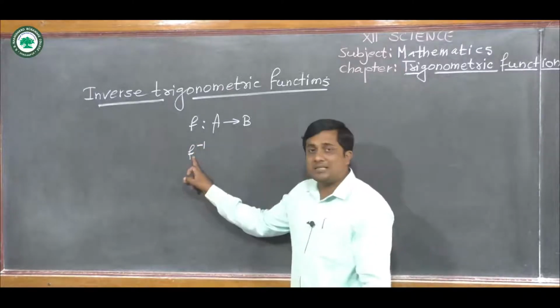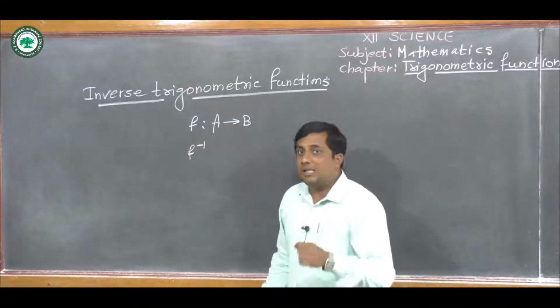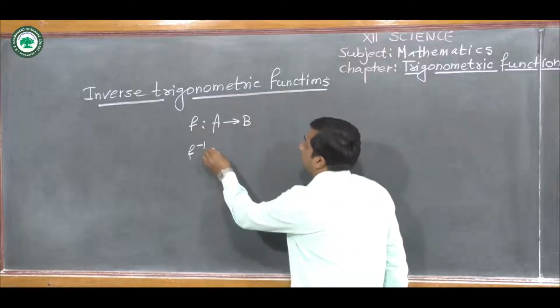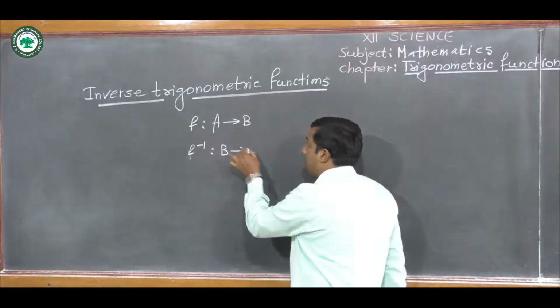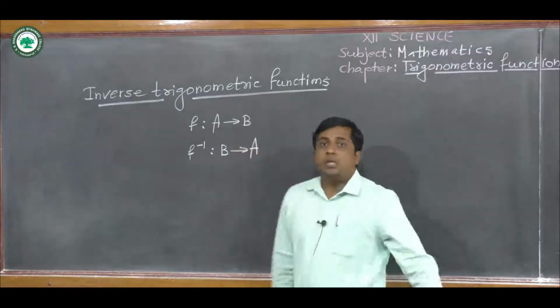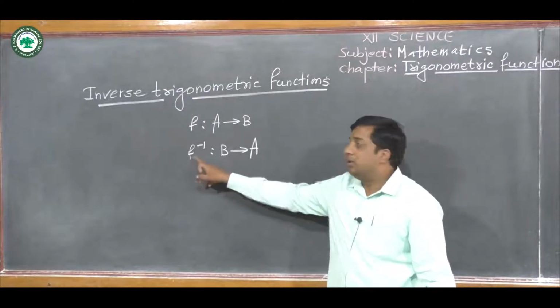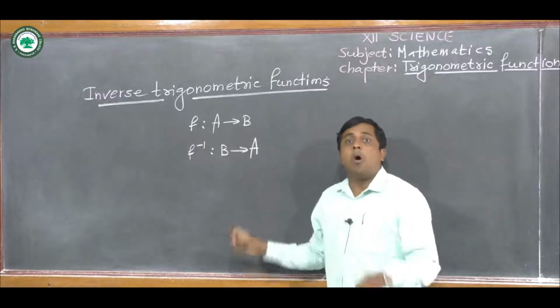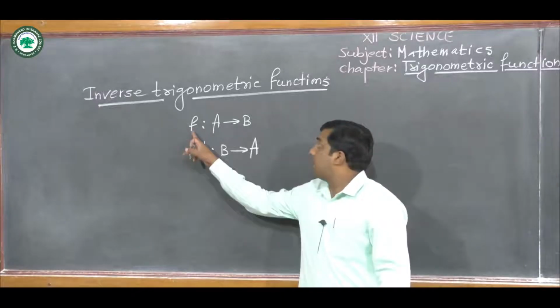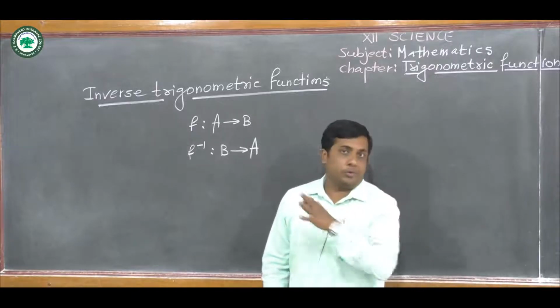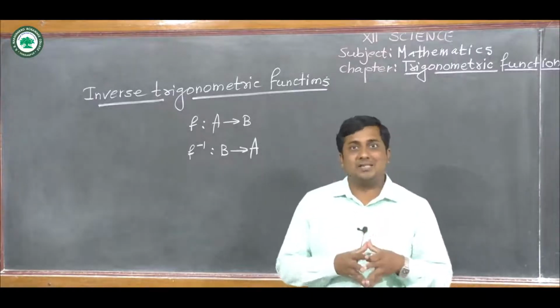Here f inverse is the notation for the inverse of the function f, and we define it as a mapping from B to A, only if the given function f is one-one and onto. We know this concept.